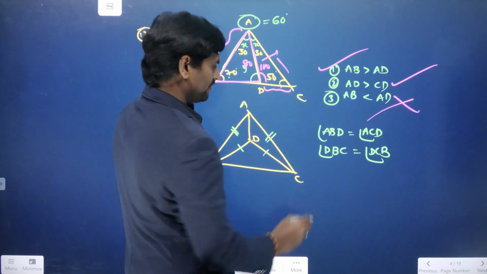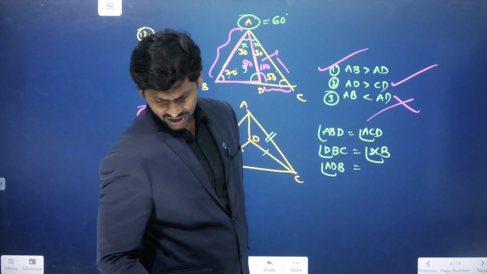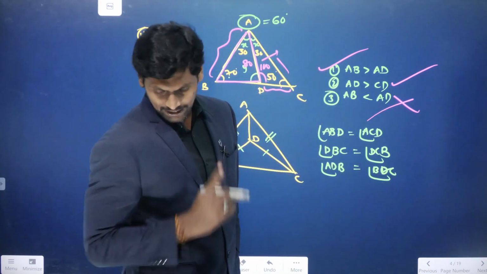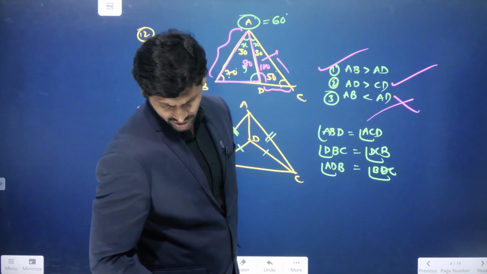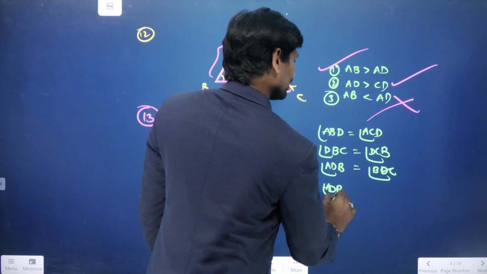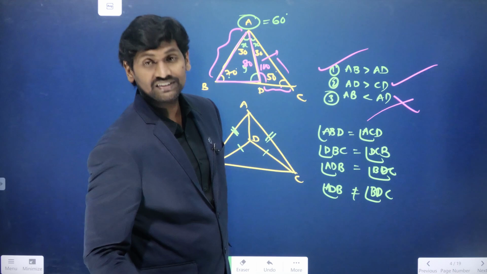Next, angle ADB equals angle BDC. And the fourth option is angle ADB not equal to angle BDC. Okay? These are the four options.